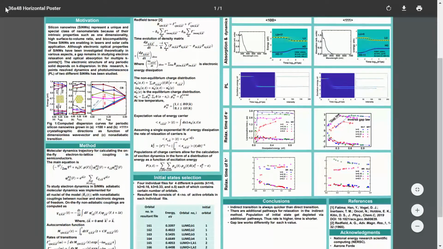So the upper data are for momentum restricted, and the bottom filled symbols are for all transitions. And the same thing here, probably after fitting, I would say there are two regimes where the energy gap law follows, and for the second part, I would say the inverse gap law is applicable.